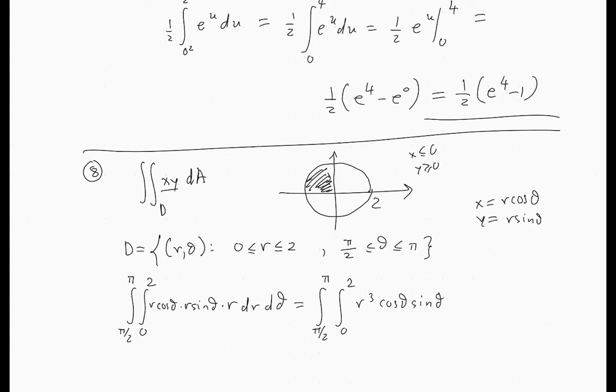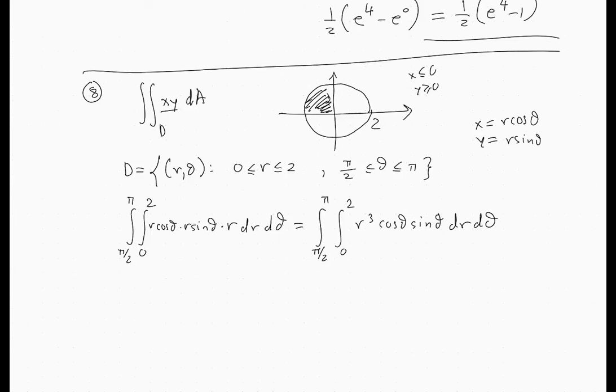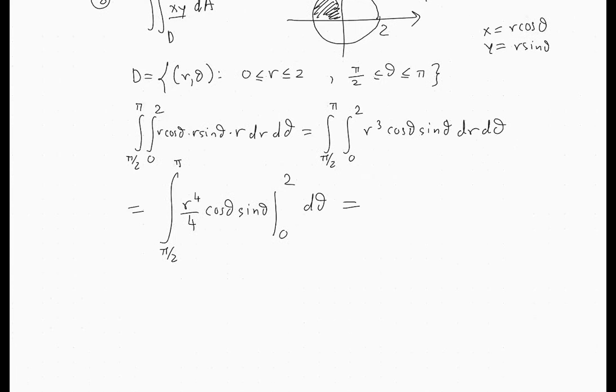And let's do the integration first with respect to r. That will give us r to the 4 over 4. The quantities that have theta in it are constant. And we need to go from 0 to 2. And then the integration will take place from pi over 2 to pi d theta. And this will be 16 over 4 cosine theta sine theta, and the integral from pi over 2 to pi d theta.